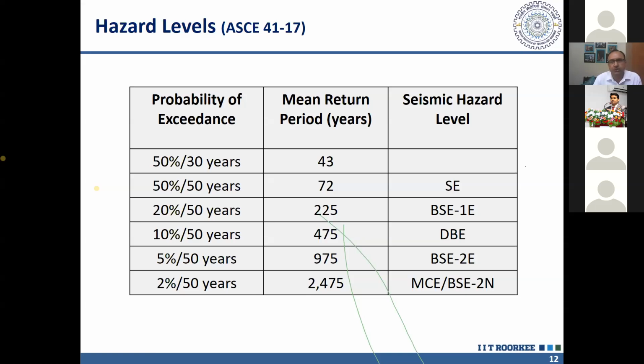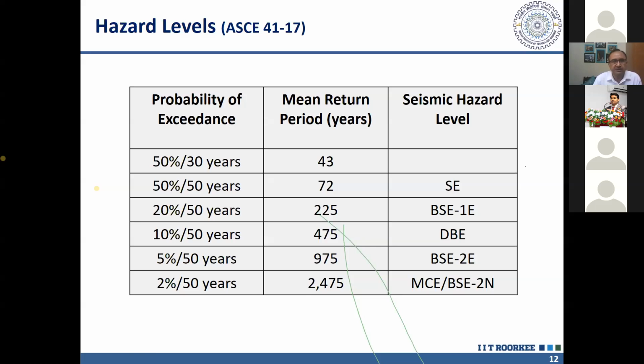This earthquake is also called the maximum considered earthquake. Usually we consider this earthquake in our design, except for some hazardous structures like nuclear power stations, which have different periods. But for buildings and bridges, this is the reference hazard which we use.